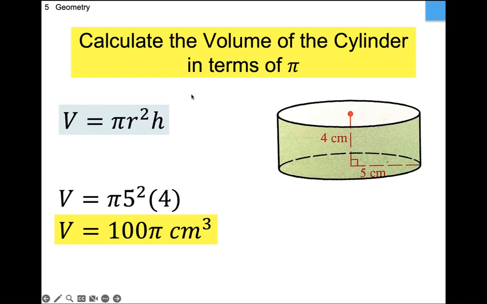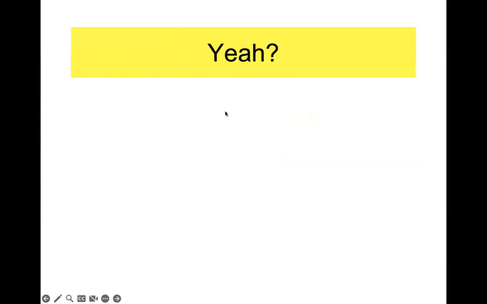As soon as I change that pi to 3.14, then it's approximately 314 cubic centimeters. All right, well, I said 31.4. I meant 314. I'm multiplying by 100. What am I thinking? Okay. My spidey sense went off there for a second.